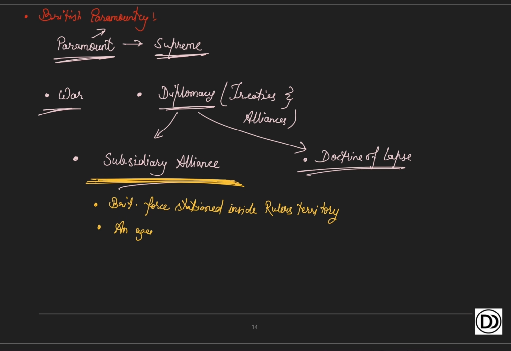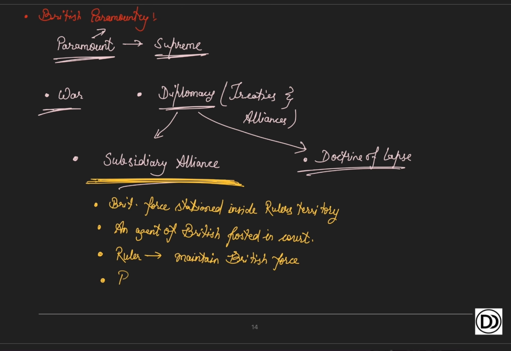An agent of the British posted in the ruler's court. The ruler has to maintain the British army, the British force, which has been stationed inside the ruler's territory.